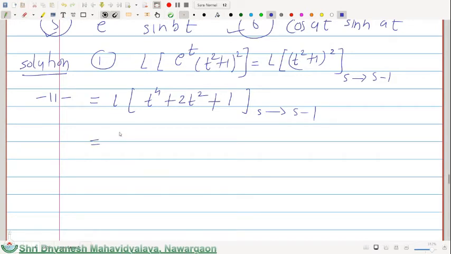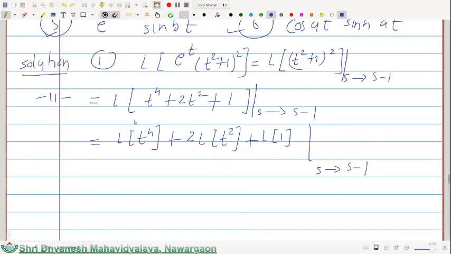Next step, by linearity property, you will get Laplace transform of t power 4 plus twice Laplace transform of t square plus Laplace transform of 1. Here s will be replaced by s minus 1.